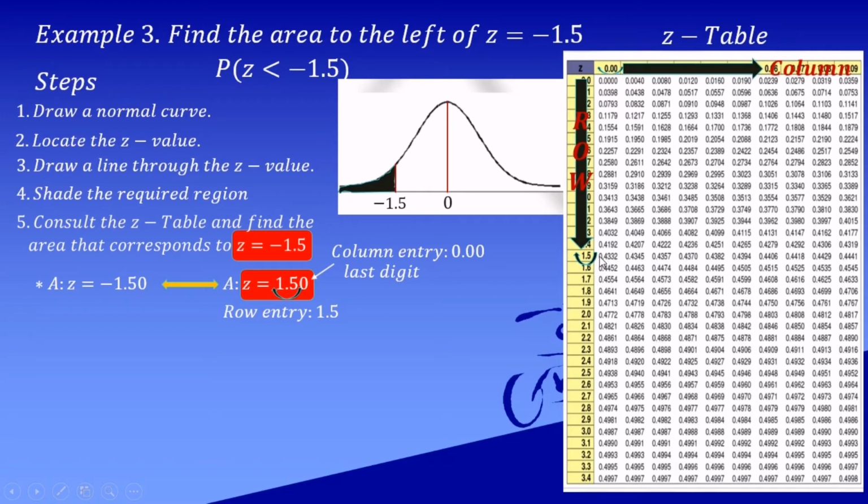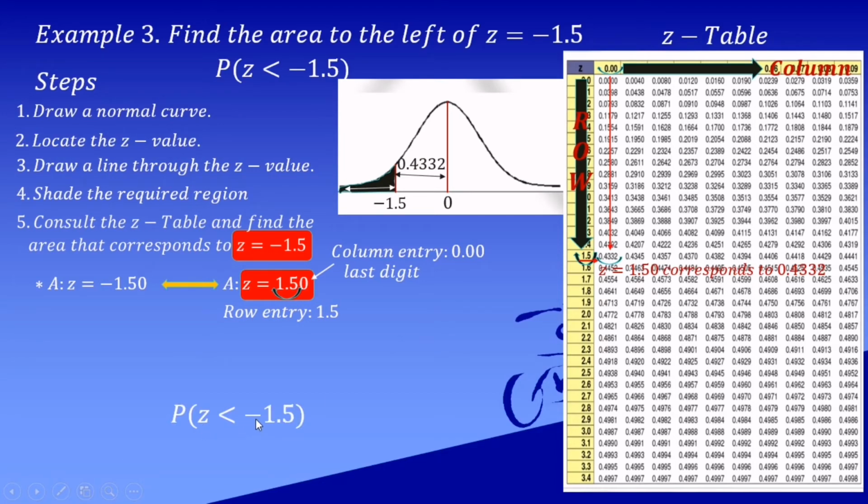Then intersect the row and column, and we get the area that corresponds to 0.4332. So mula 0 to negative 1.5, yan ang ating area, 0.4332 for the unshaded region, but we are looking for this shaded region to find the area.